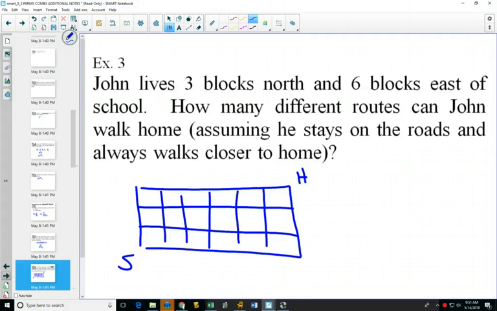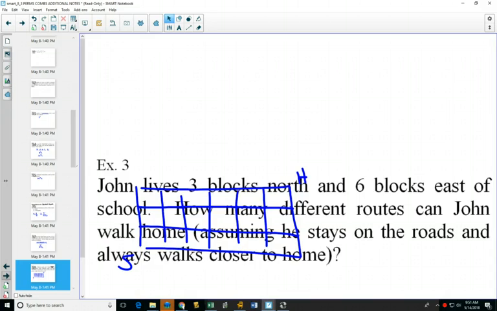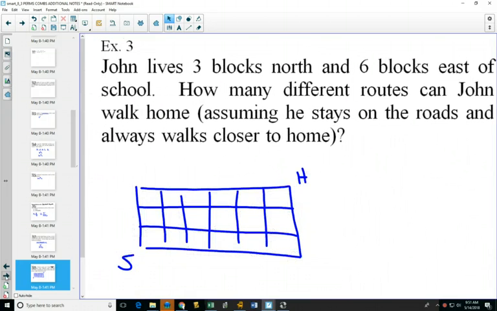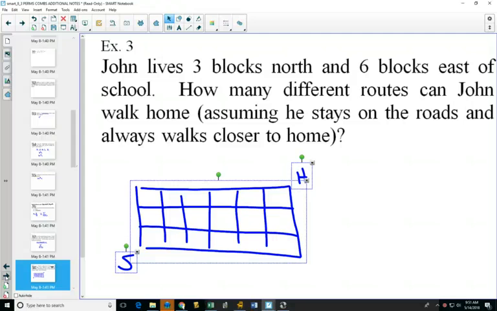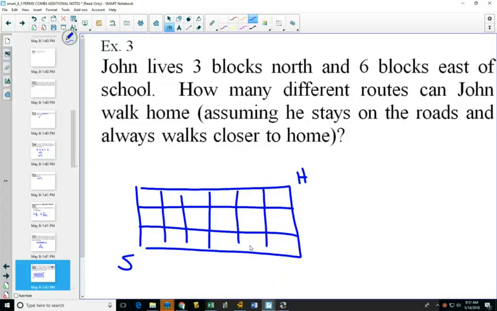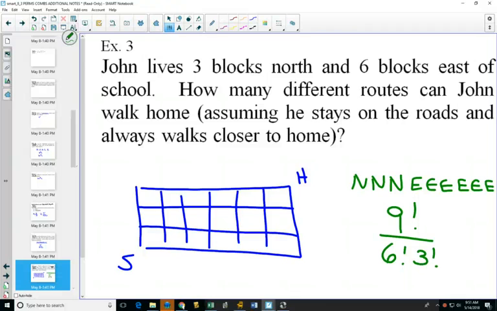How many different ways can he walk home? Well, the way that we've done this, if he's walking home, he has to go north 3 times and east 6 times. And so, as an identical objects question, that would be the number of routes.